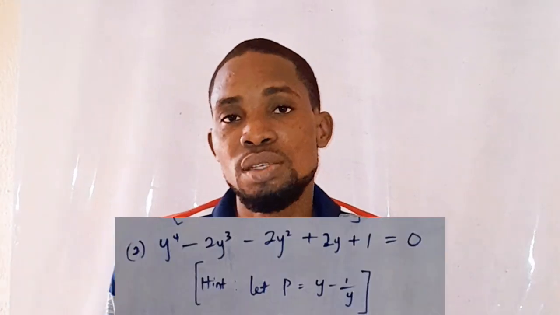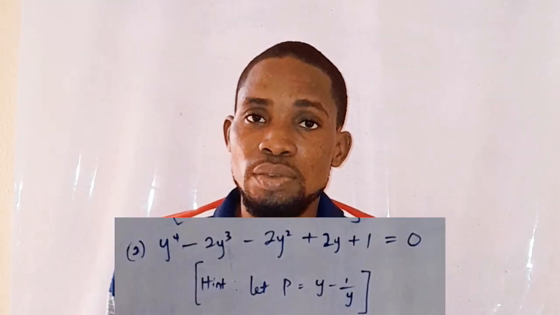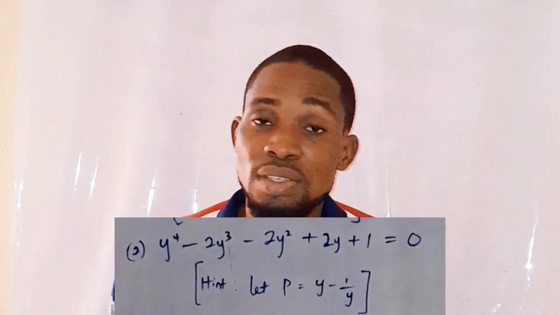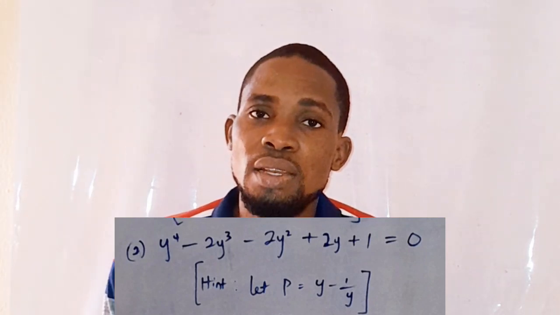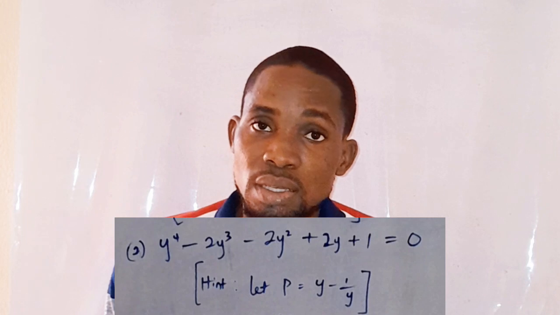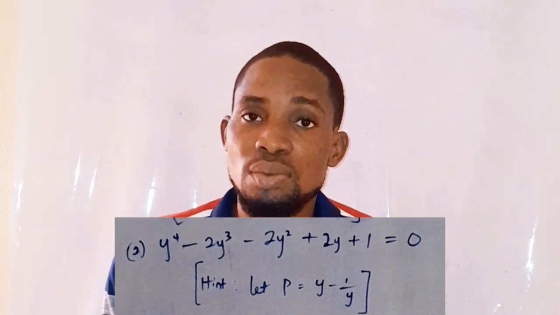Now, two things. In solving a question where you want to substitute a particular variable into the equation, how do we solve it? I believe the first method is to check the question or the equation to know if what I'm to represent is there, such as putting p as y minus 1 over y. Now, the equation is not an equation with p, okay? It's an equation with y.